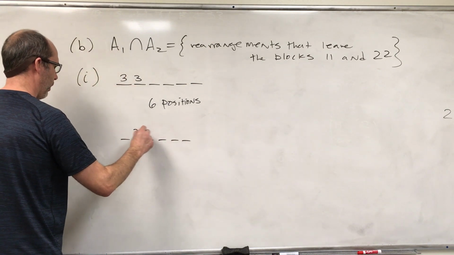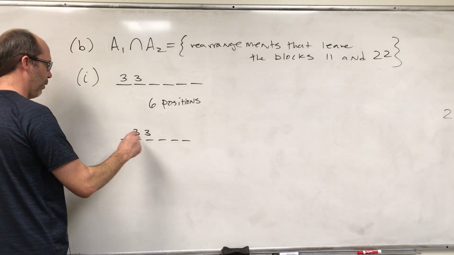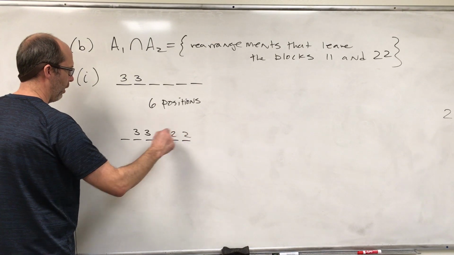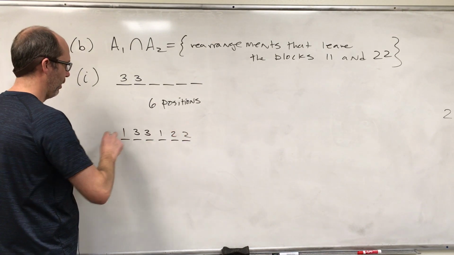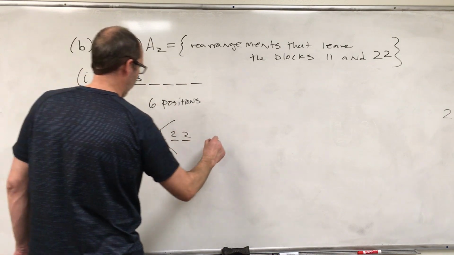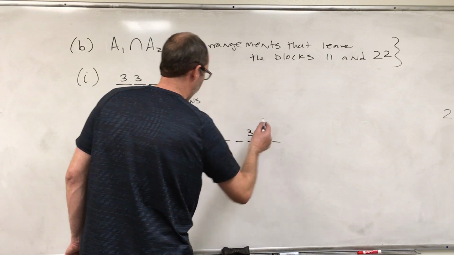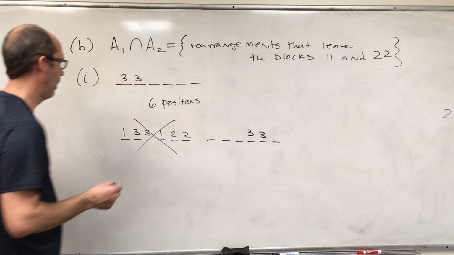Notice that you couldn't put the block there, because if you put the block there, then let's say we had 2, 2 here, then we'd have 1, 1 there. We can't put the 3, 3 there, so this can't happen. Also, that can't happen, right? So you see that? We can't have that situation.